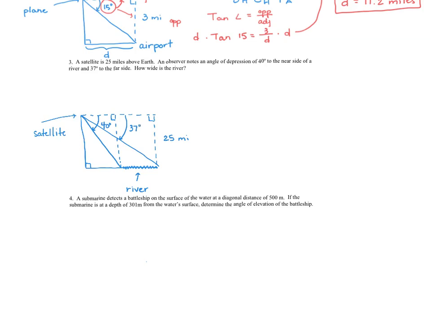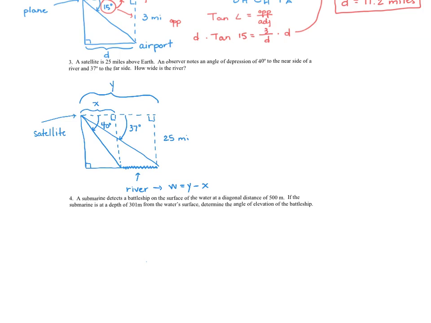It wants to know how wide is the river. Well, if I can find the distance to the near side of the river, and I can find the distance to the far side of the river, if I subtract the near side from the far side, I'll end up with the width of the river.